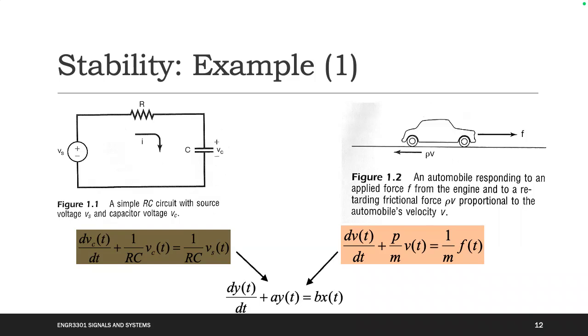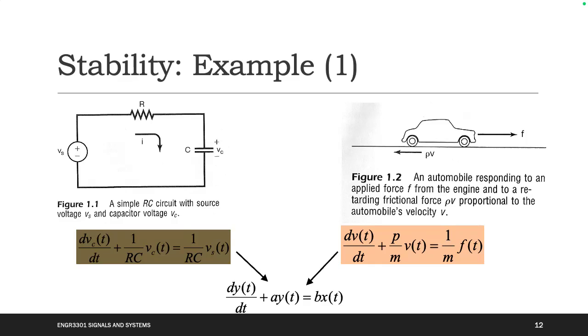Which means if your system is an LTI system, a first order LTI system, your system must be stable. It will not be an unstable system. So when you build a system, when you do a robotics lab, you had better construct your system as a stable system.